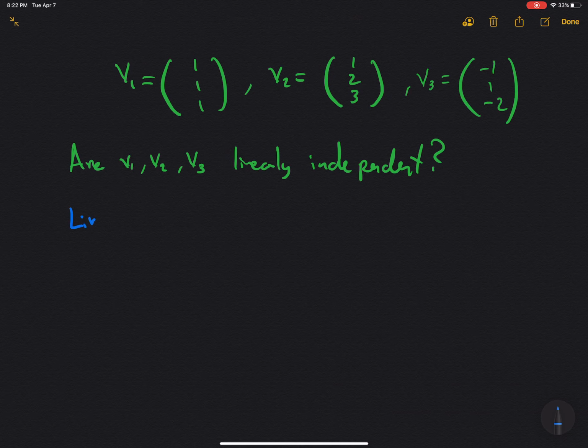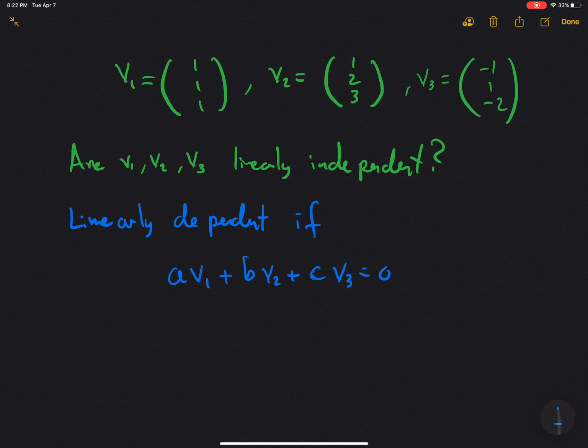So we can say that vectors are linearly dependent if we have, for example, that A v1 plus B v2 plus C v3 equals 0 for A different from 0, B different from 0, and C different from 0. If we have numbers different from 0 that make this vector equation true, we call this linearly dependent.